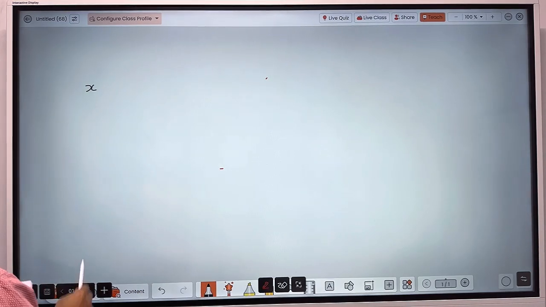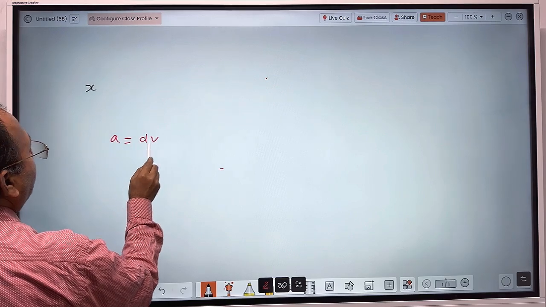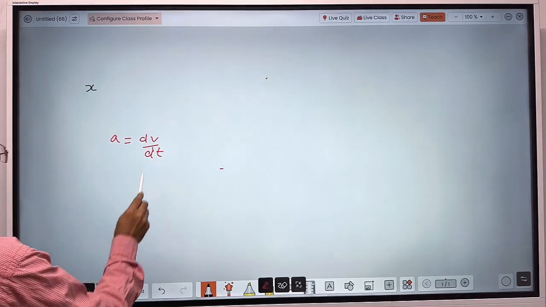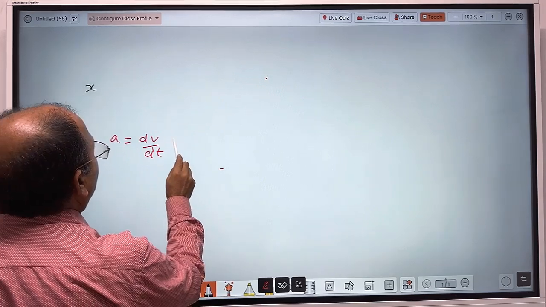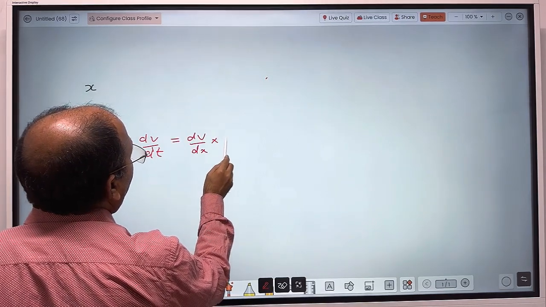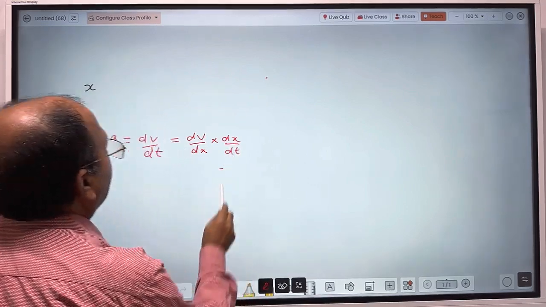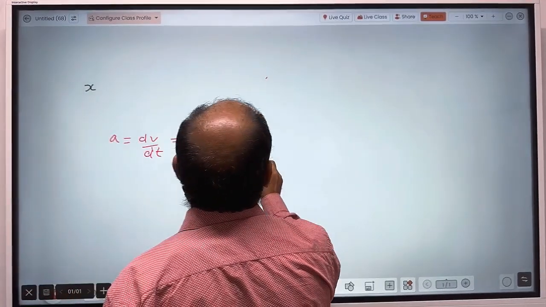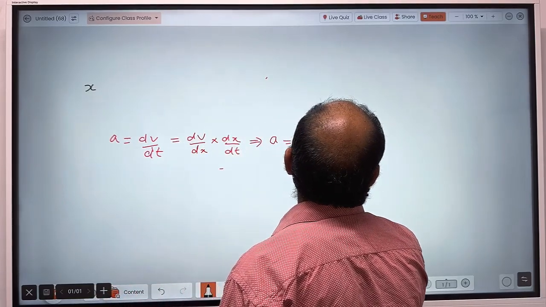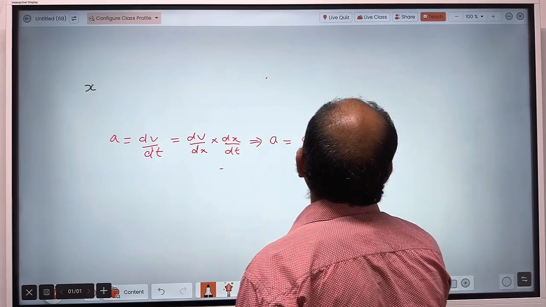So we know acceleration a equal to dv upon dt. We can introduce dx here. So for that we write dv upon dx into dx by dt. And we know that dx by dt is velocity, so we can further write a equals dv upon dx times velocity v.